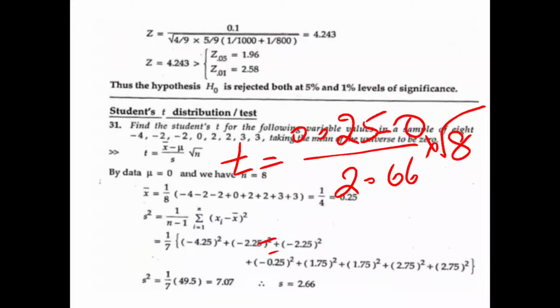Okay, so what will be t value finally? Substituting all these values, we get 0.2658. How much is t value? 0.2658.